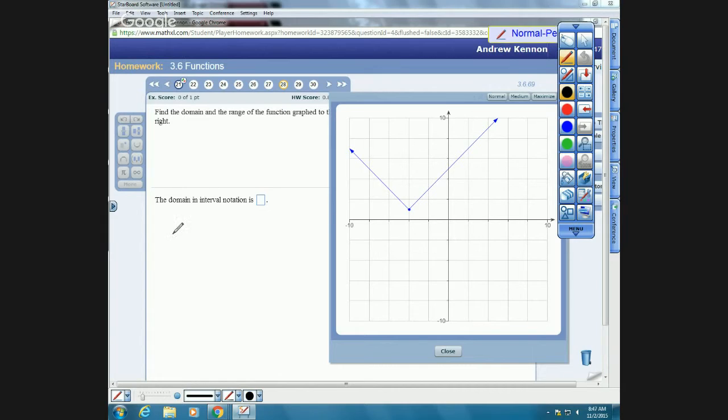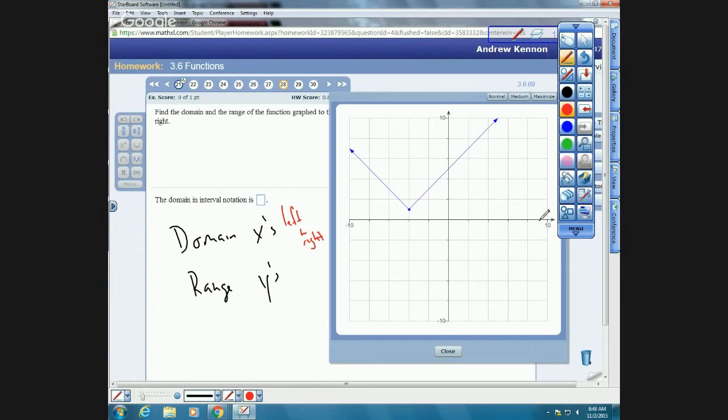The domain deals with your x's, and the range is your y's, right? Your x-axis goes left and right. So the domain of this graph is all the numbers it could possibly be. How far left does this one go?